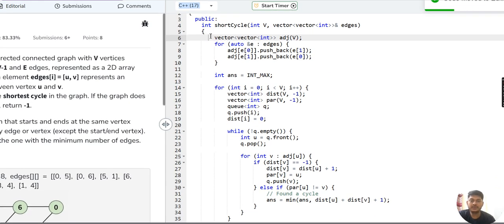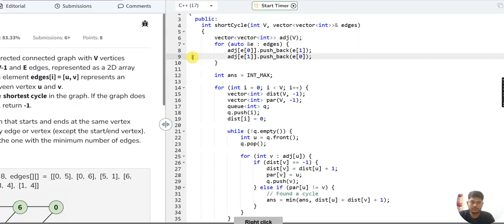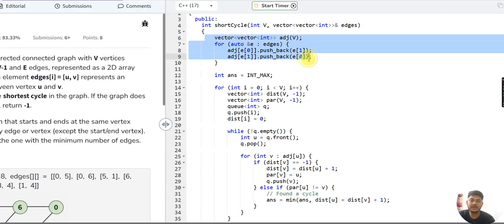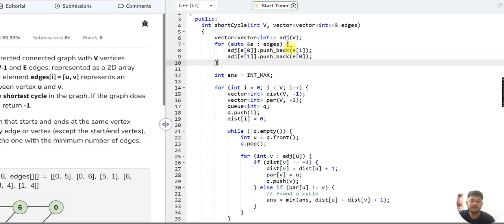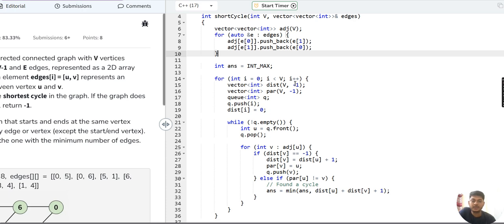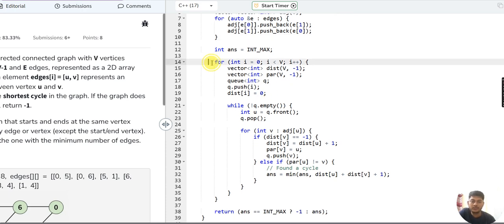First of all, I have considered a vector of vectors, this is the graph. This is basically to make a graph. Then we have put the edges for each vertex. After that, we are iterating for all the n nodes of the graph.